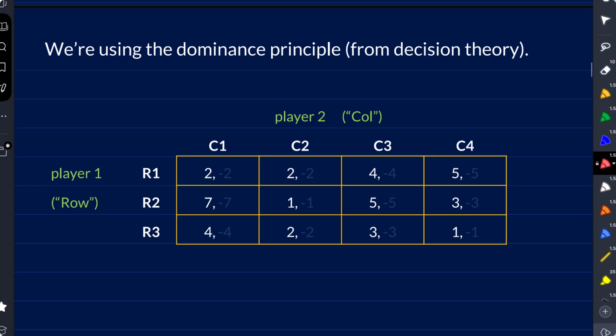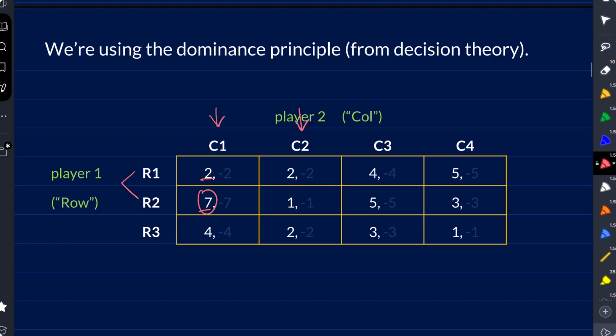So here's our table, and we're just looking at the payoffs for player one. We'll just focus on those for the moment. You may recall that when we try to determine if one of player one's strategies dominates any of the others, we have to take them a pair at a time. So we'll take R1 and R2, and we want to know if C1 happens, which strategy is better, and that would be R2.